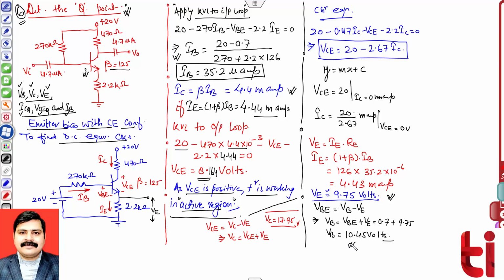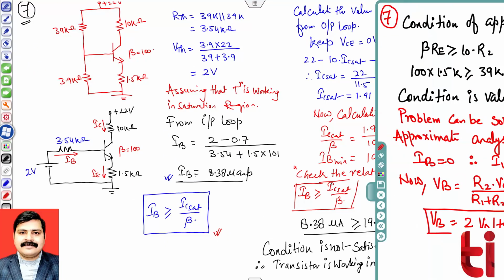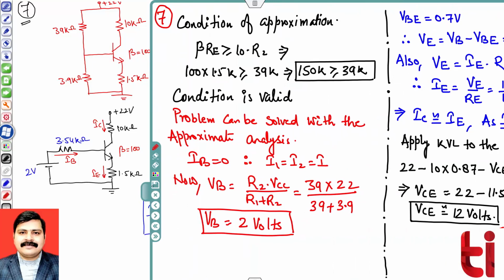Now let us take another numerical, and again this numerical is based on voltage divider bias. Let us find the operating point for this network, that means ICQ and VCEQ.